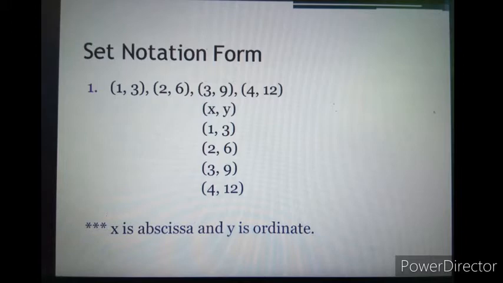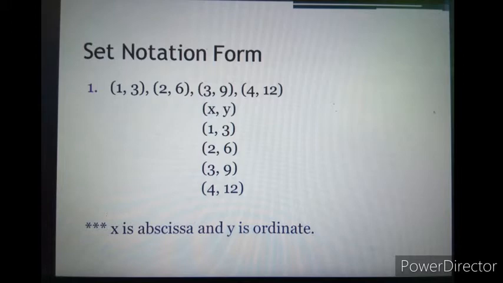In this example, the first number in each ordered pair is the x value or the abscissa, and the second value in each ordered pair is the y value or the ordinate. As can be observed, there are no cases where a particular abscissa x is associated with more than one y or ordinate.